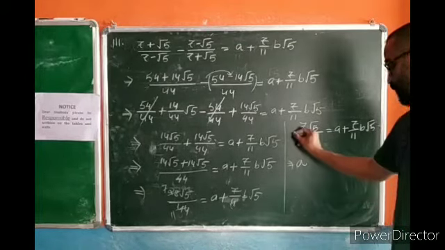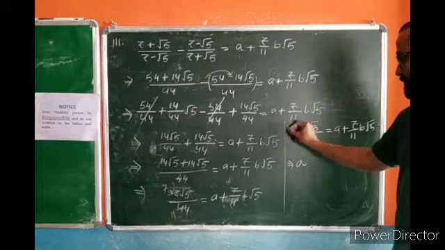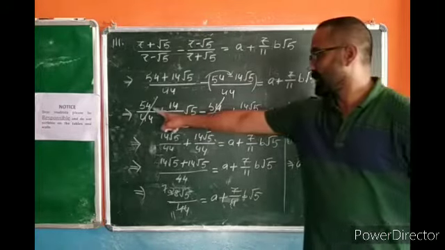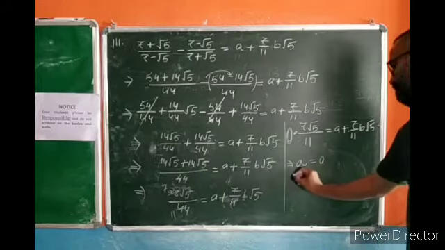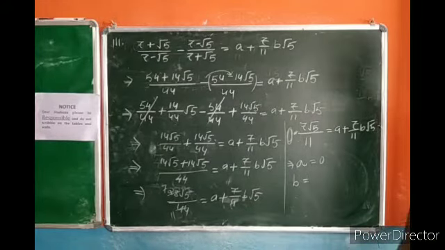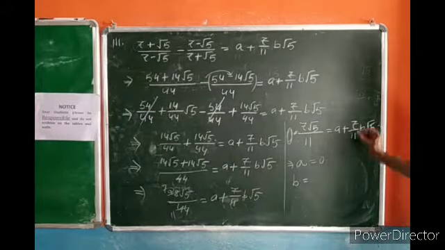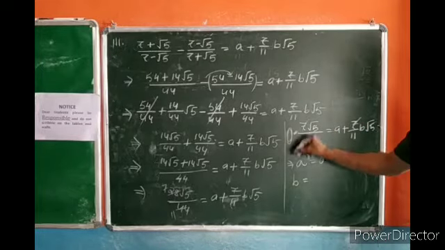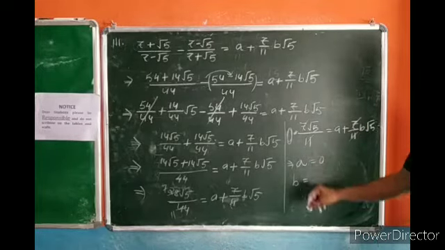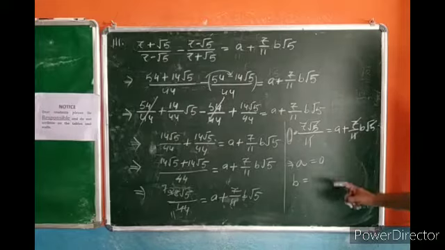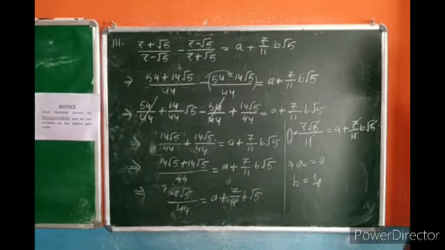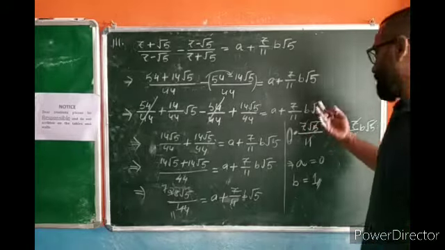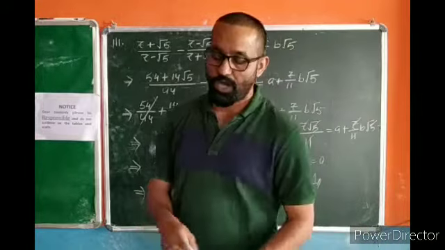For A, we don't have any term here, we have already cancelled it, so we get 0. B is equal to, now look at the calculation: 7 cancels, 11 cancels, root 5 cancels. What is left here? 1. So the value of B is 1. A is 0, B is 1.